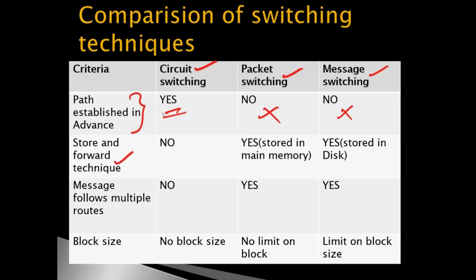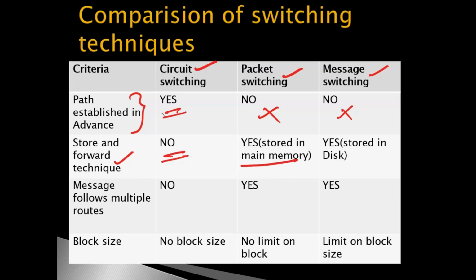The next one is the store and forward technique. Circuit switching is not using the store and forward technique, so we are writing no. Then packet switching and message switching. Here in packet switching, the store and forward technique is used also, because it is stored in the main memory.